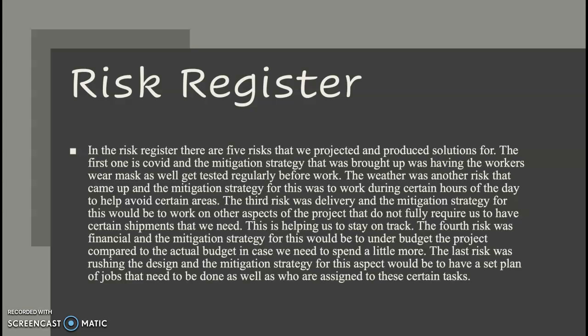The fourth risk was financial, and the mitigation strategy for this would be to under budget the project compared to the actual budget in case we need to spend a little more. The last risk was rushing the design, and the mitigation strategy for this aspect would be to have a set plan of jobs that need to be done as well as who is assigned to these certain tasks.